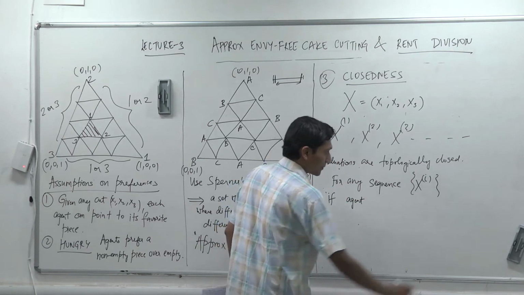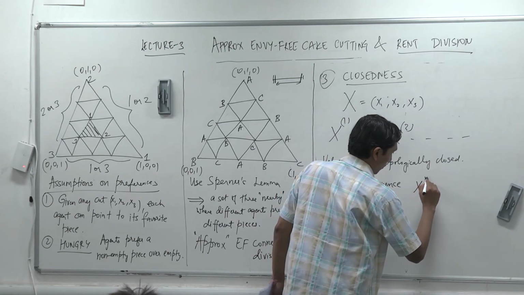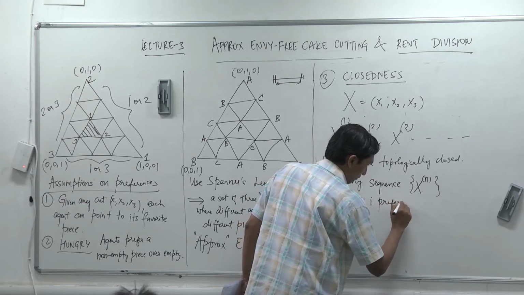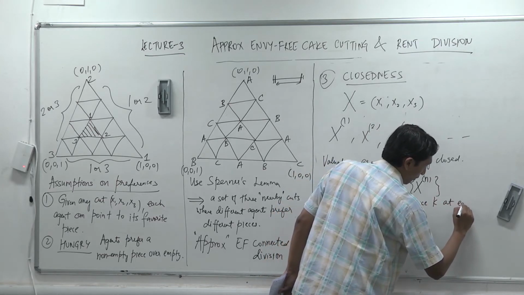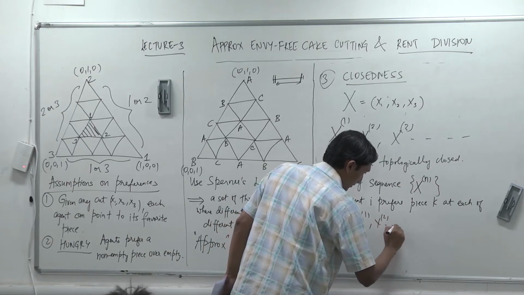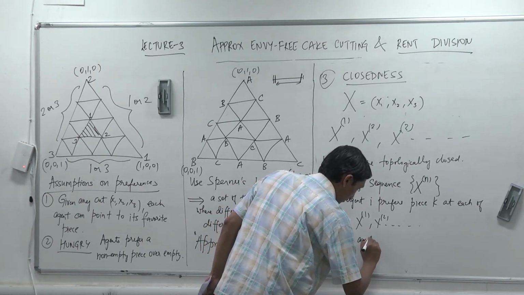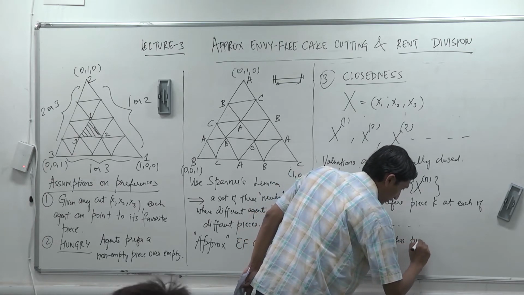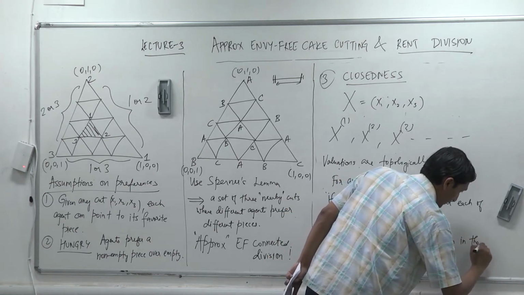If player i prefers piece k at each of x1, x2 and so on, then player i prefers piece k even in the limit.